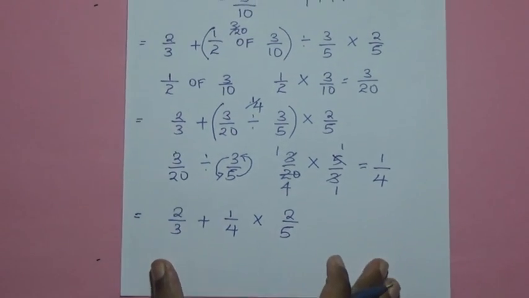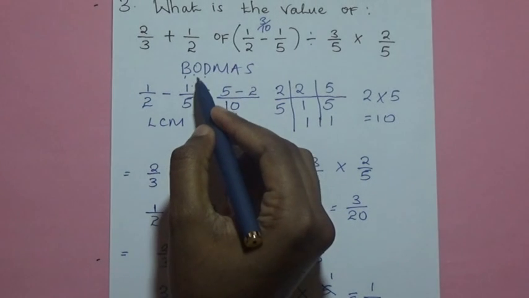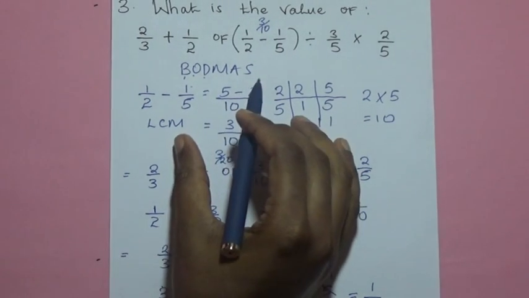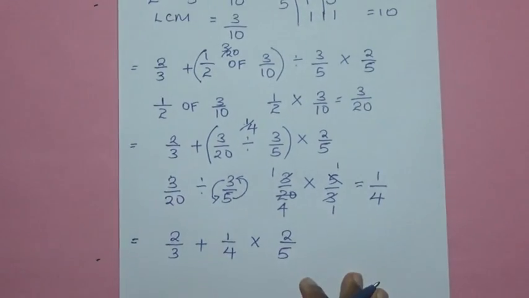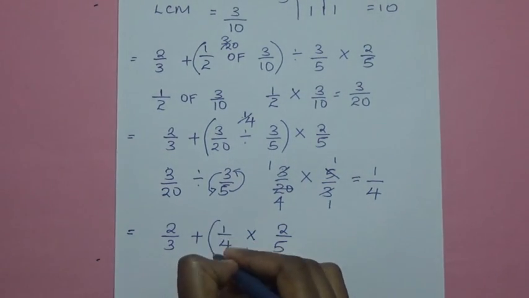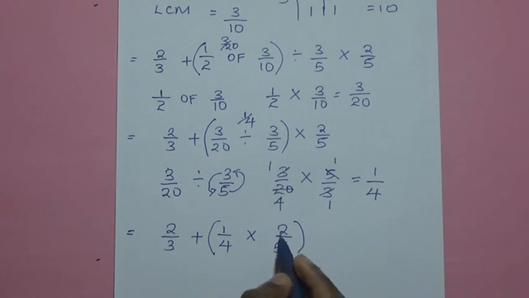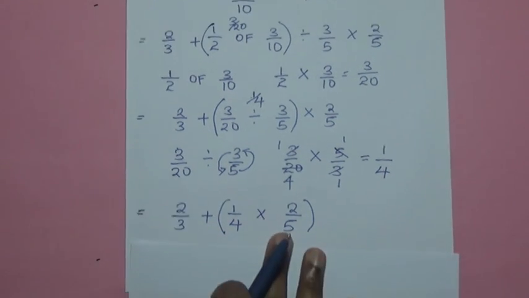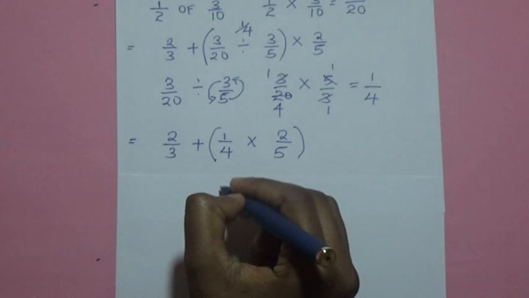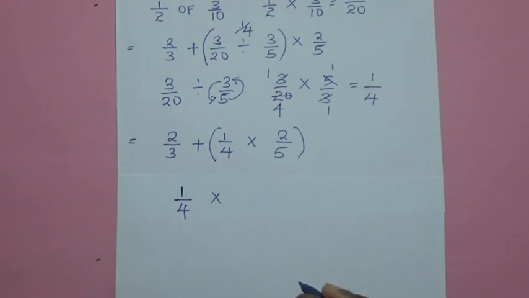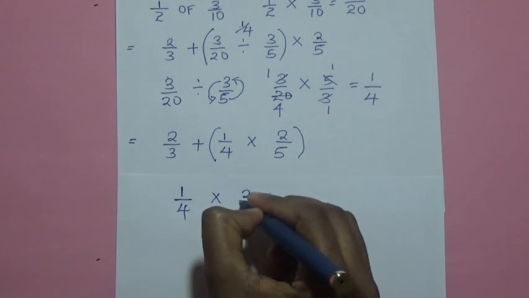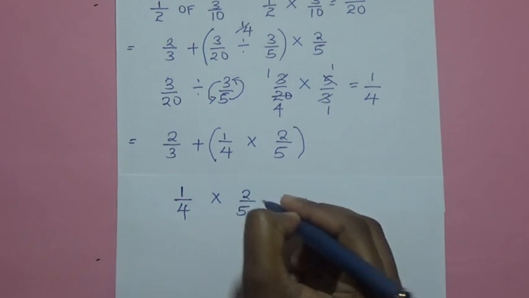Now, we are done with division. The next one is multiplication. So, the next step is to work out a quarter multiplied by 2 over 5. You have a quarter, you multiply it by 2 over 5.